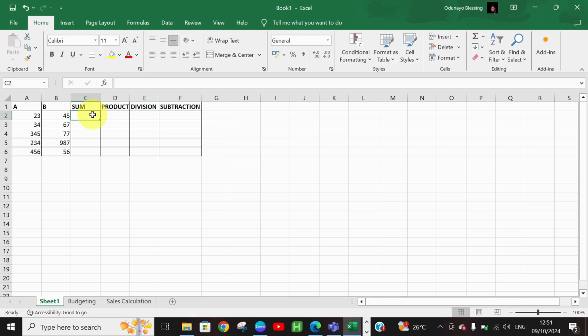When you want to lock the column, you put a dollar sign before the column label, which is A. Now, to lock the row of that A, which is 2, the dollar sign A means we are locking the column A, and the dollar sign 2 means we are locking the row as well.